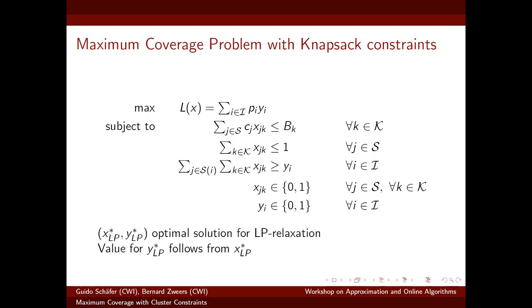But if you know the optimal solution for which sets are assigned to knapsacks, it automatically follows which items are covered. So we will also only refer to x star LP as the optimal solution of this LP relaxation. This is without cluster constraints, only the maximum coverage problem with knapsack constraints.